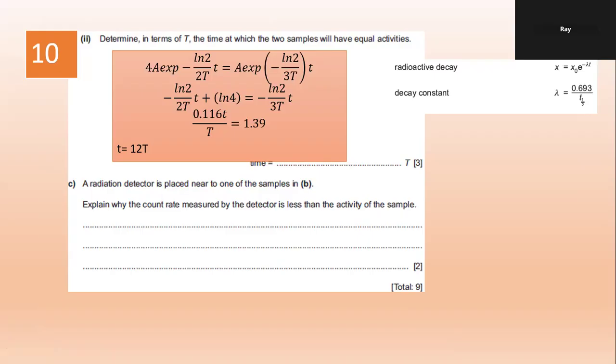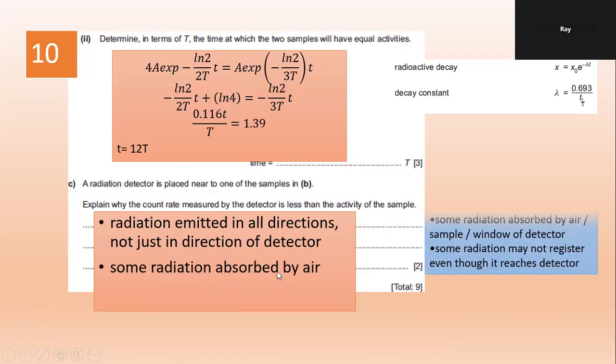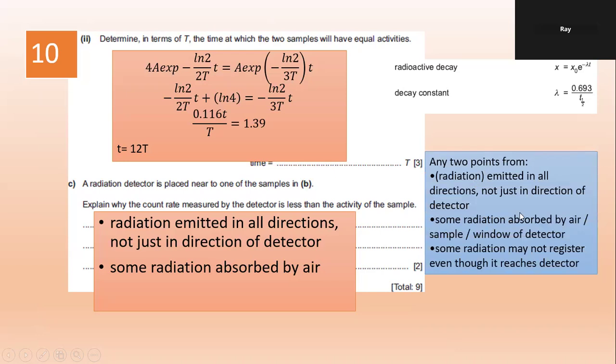Some radiation might not get absorbed. The radioactive substance emits radiation in all directions, you are detecting in one direction only. The other radiation is not absorbed by the detector. Some radiation is absorbed by air. Okay, these are other acceptable answers.